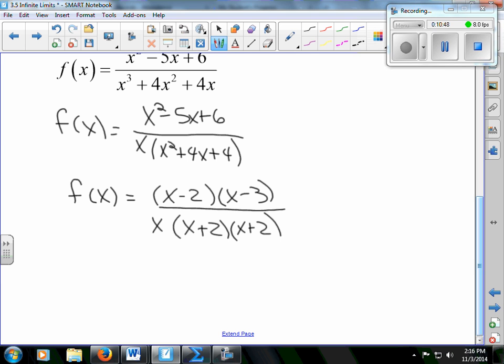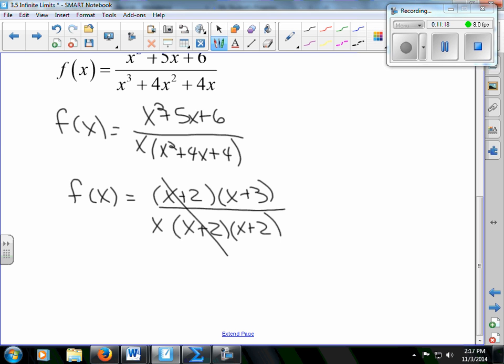Oh, well, that's boring. Maybe I should change that minus 5x to a plus 5x. Let's do it that way. Now this will be x plus 2, x plus 3. Okay, so this isn't that much better. An x plus 2 cancels, but I still have another x plus 2 in the denominator.